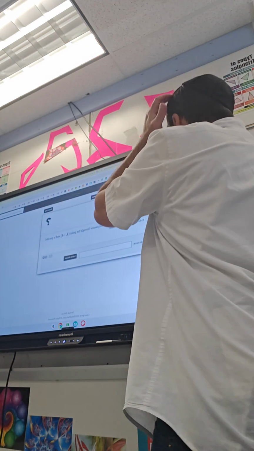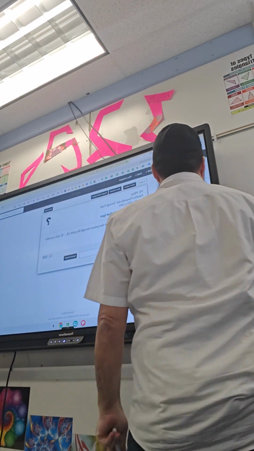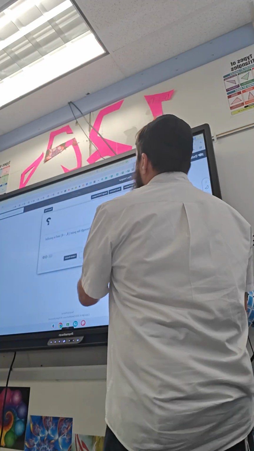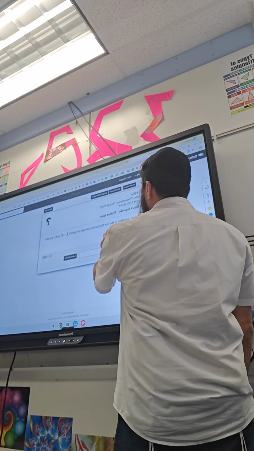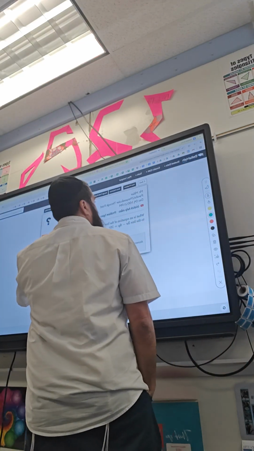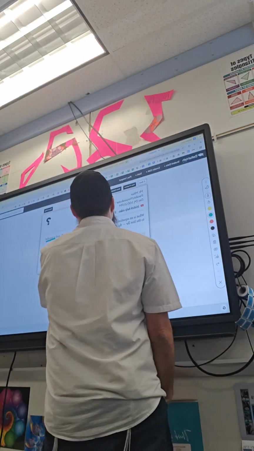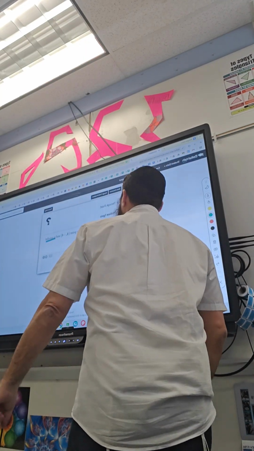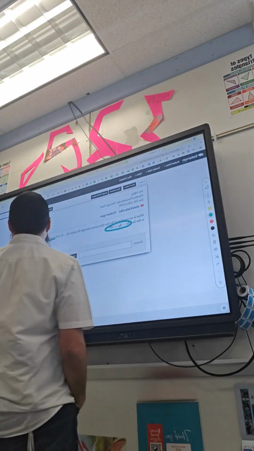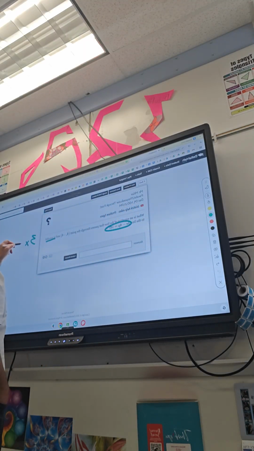Okay, so this is kind of the most of what we did recently. So this one they want is parallel. We gotta first change this equation into slope intercept format. That means we gotta get y alone.